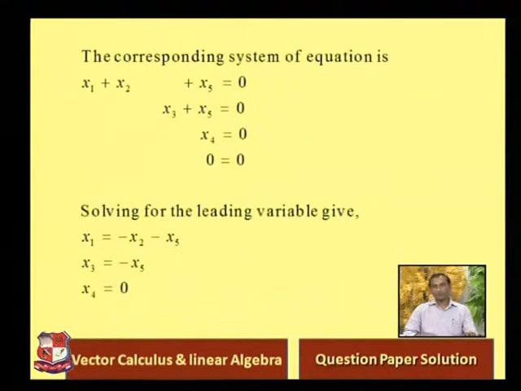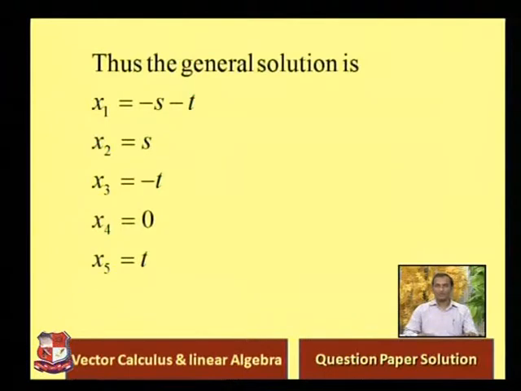Now we take the free variables: x2 and x5 are free variables, because their solution is not determined. For these free variables we take parameters s and t. So x1 equals minus s minus t, x2 equals s, x3 equals minus t, x4 equals 0, and x5 equals t. Here x2 is parameter s and x5 is t. This is our general solution, and it is the last answer of question number 1a.